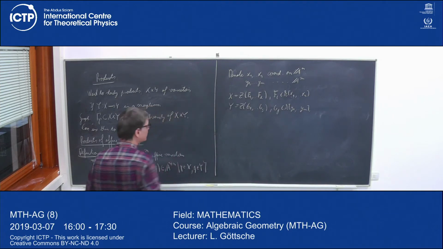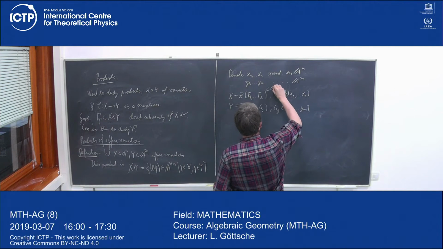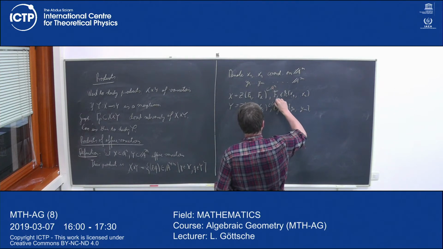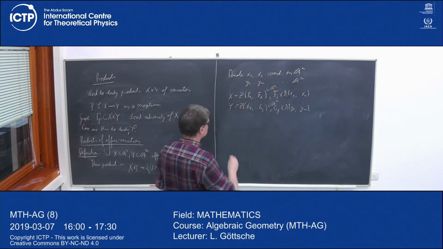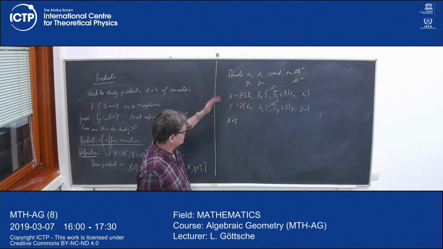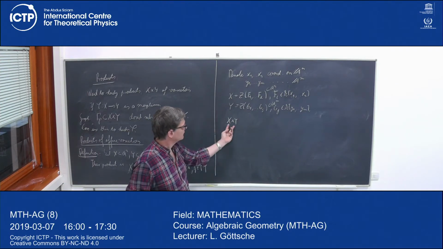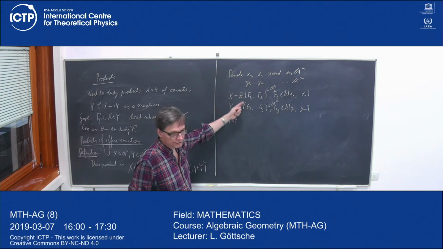And now, when does a point lie in X times Y? When x lies in X and y lies in Y. So if I want a subset of A^n times A^m, we just have to put both conditions.